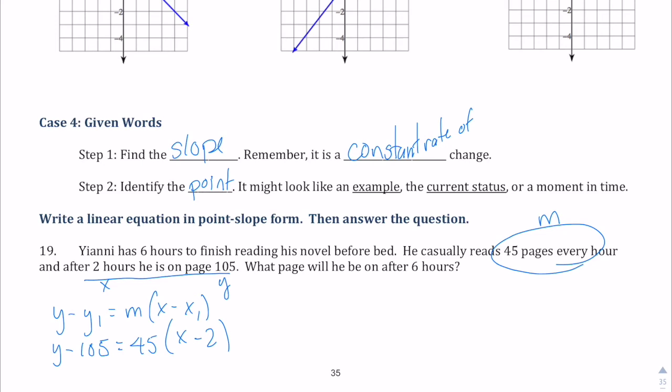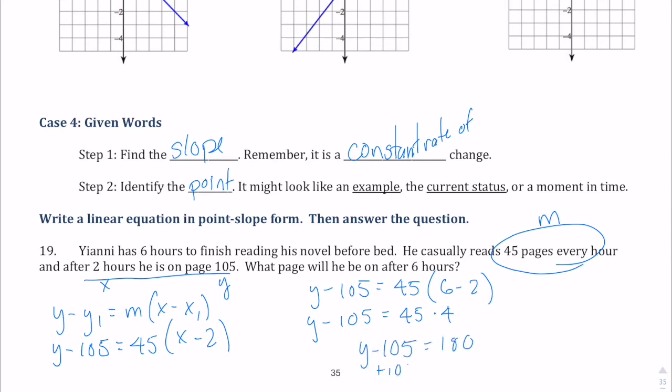Now if they ask what page will he be on after 6 hours, 6 is going to be our x value, so we would go y minus 105 equals 45 times 6 minus 2. So we've got y minus 105 equals 45 times 4. 45 times 4 is 180, so y minus 105 equals 180.